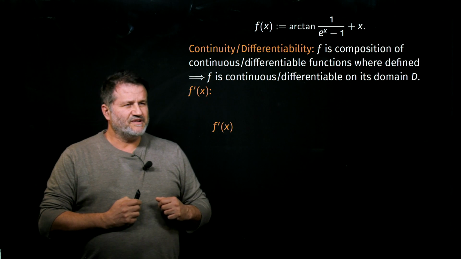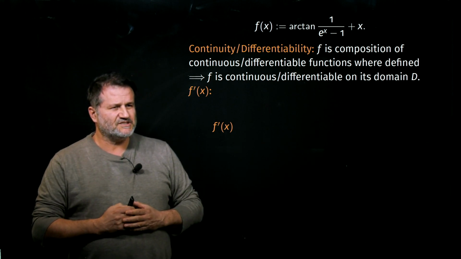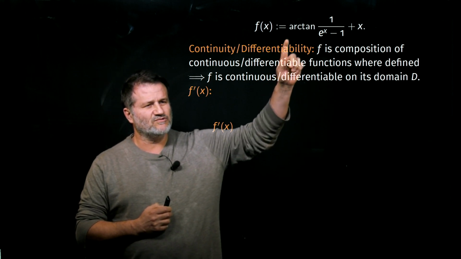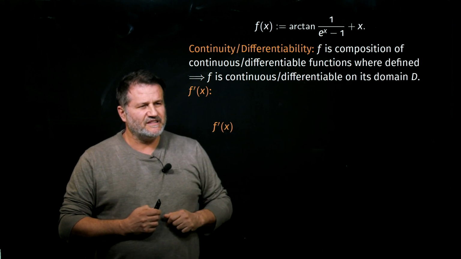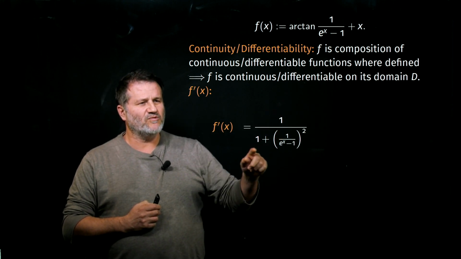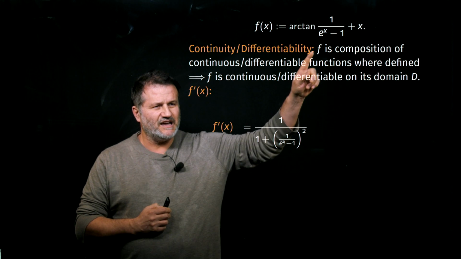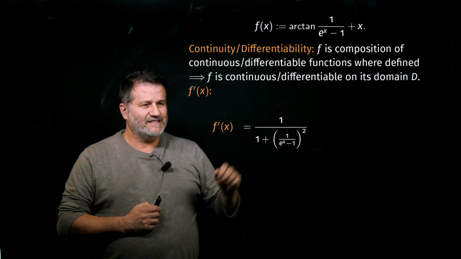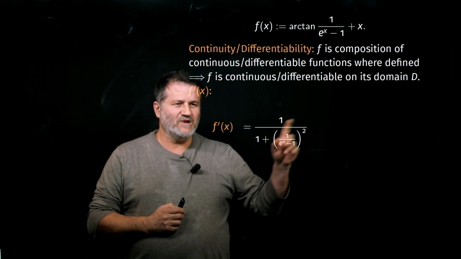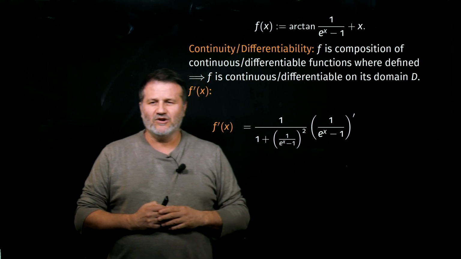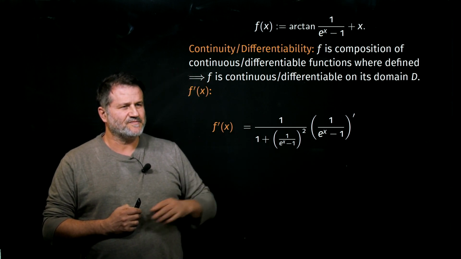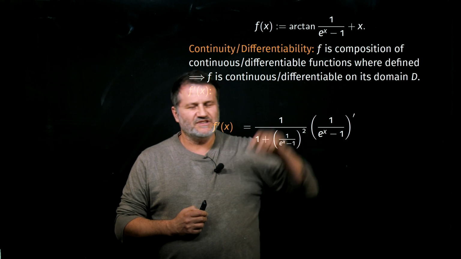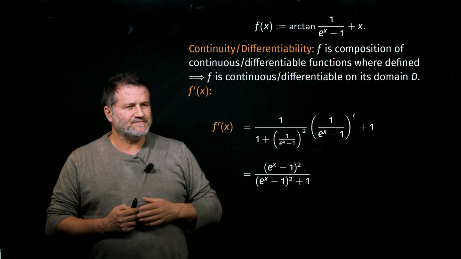Now let's compute the derivative. This is a pretty straightforward calculation. First of all, we have to compute the derivative of the arctangent, which is 1 over 1 plus the square of the argument of the arctangent. And then since it's a composite function, we have to differentiate the argument with respect to x. Plus, there is the derivative of x, which is 1.